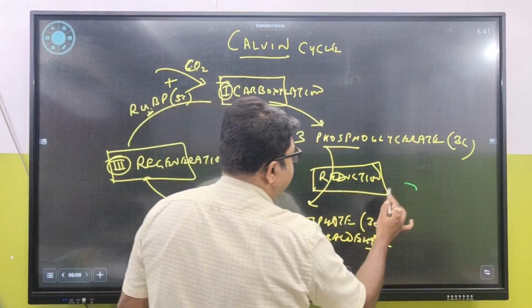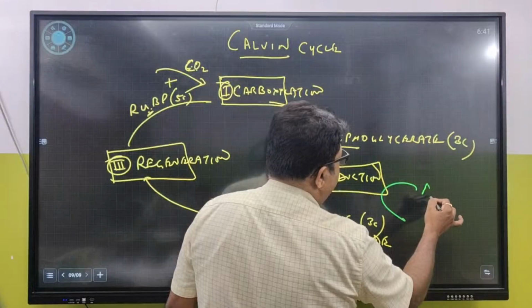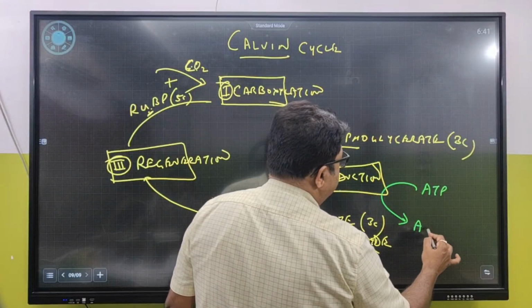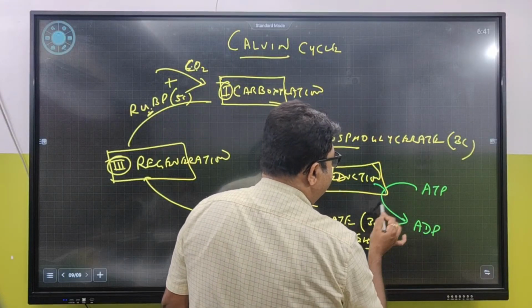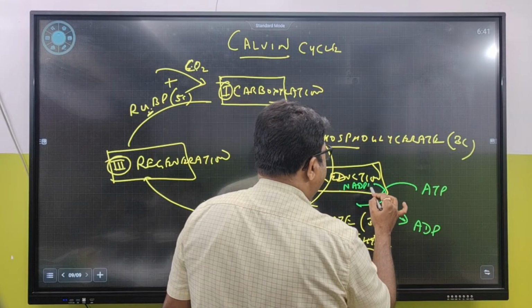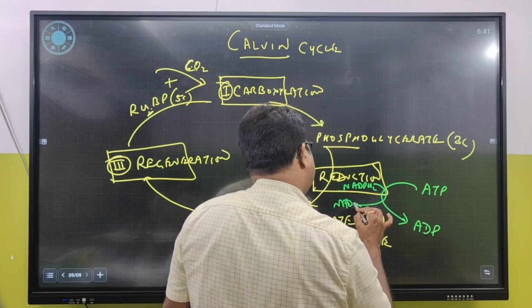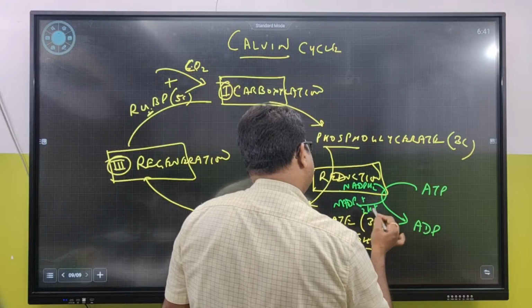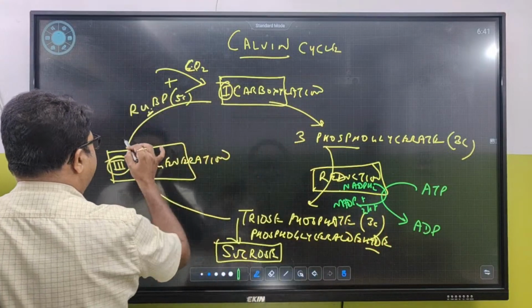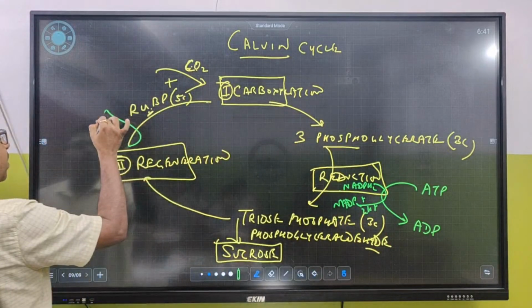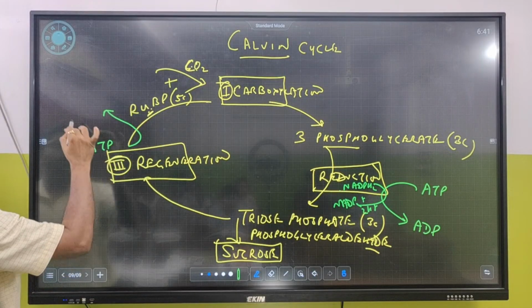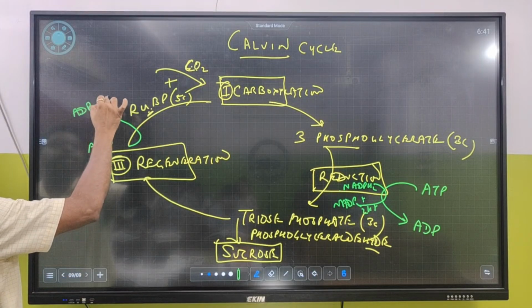In this reduction process, what have they shown? ATP being broken down into ADP. Another one, NADPH2 is being broken down into NADP plus H plus. Clear, right? But over here, one ATP is being broken down into ADP plus iP.